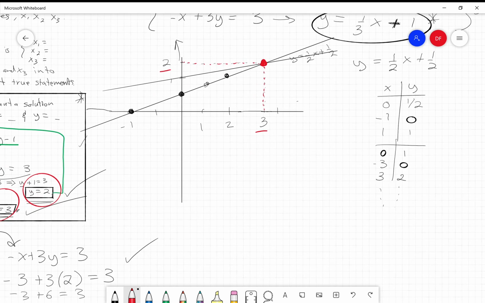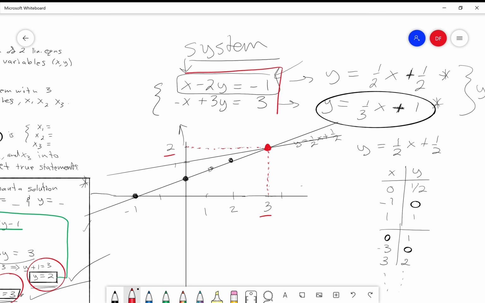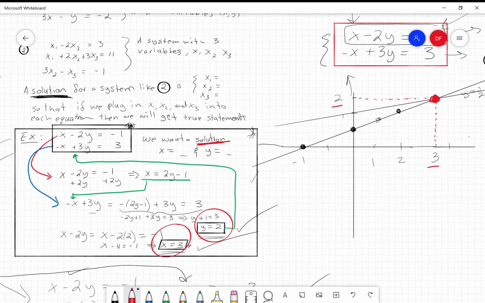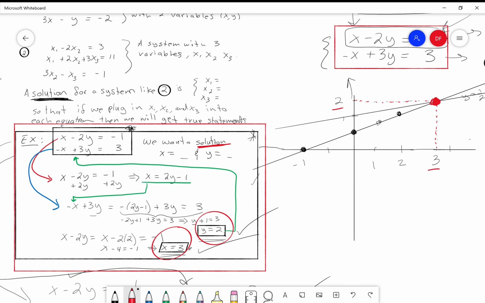So basically, if I give you a system of linear equations with 2 variables, then each one is a line. And a solution is the intersection of the 2 lines. Okay? So now you know algebraically how to find a solution for a system of equations like this.